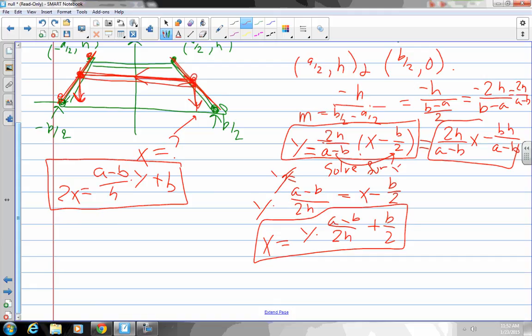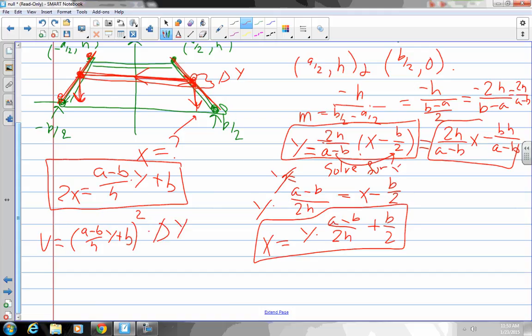So for the volume, I need to square that, right? So then the volume is whatever this thing is, a minus b over h times y plus b, quantity squared, right? Times, what was the height of each one of those? What is the height? Well, delta y, right, if we put it on the y-axis. y will range from 0 to h. So times delta y.